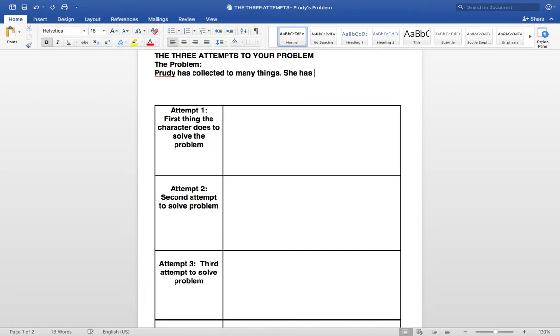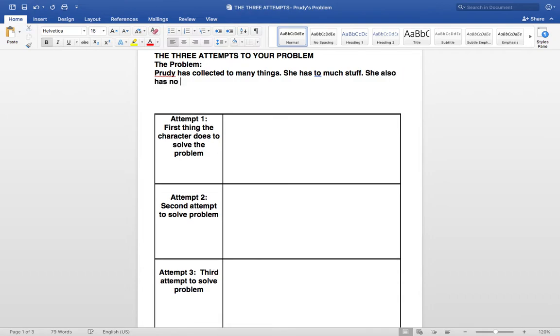She has too much stuff. She also has nowhere to put it, right? That's the problem. She has so many things that she has nowhere to put it.